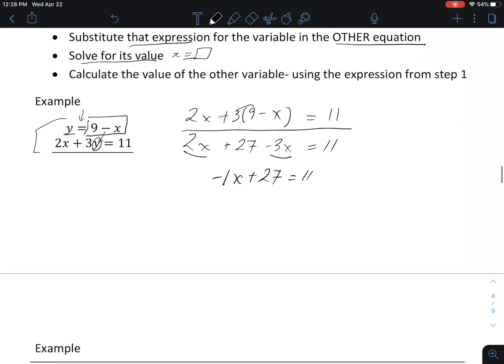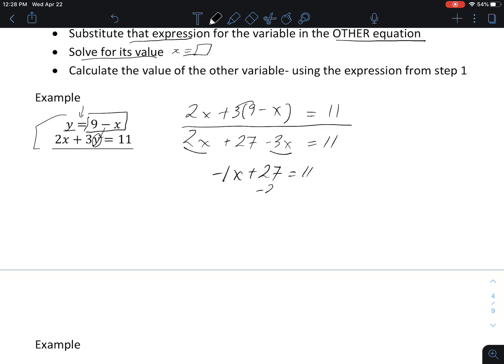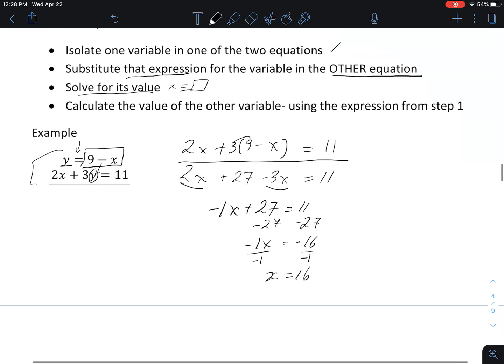Now I have x's in 2 spots, so I'm going to combine those. Now I'm going to subtract 27, and I get negative 1x is negative 16. I'm just going to divide out that coefficient of minus 1. x is 16. At this point, a lot of kids think, I'm done.